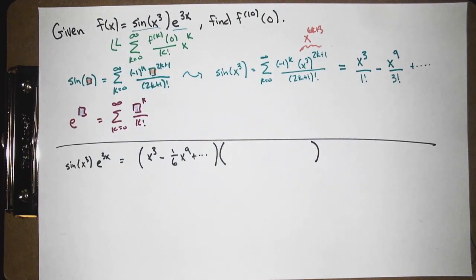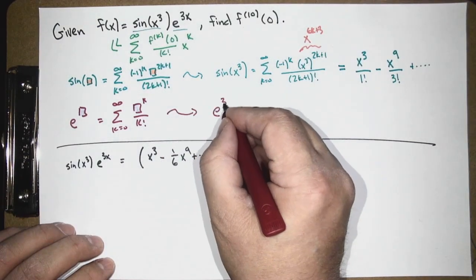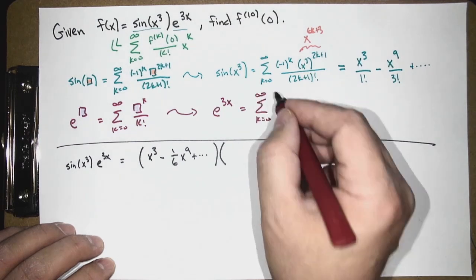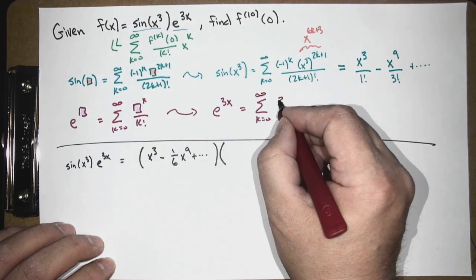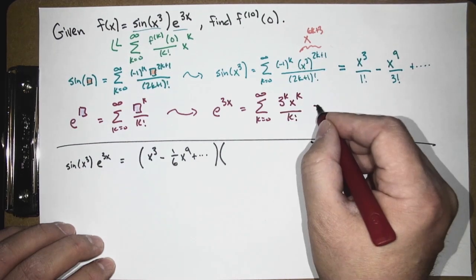So, given that that's true, what's in the box? 3x. Okay. So e to the 3x, that's our sum, k equals 0 to infinity, 3x to the power k. I'll go ahead and write that as 3 to the k, x to the k over k factorial.